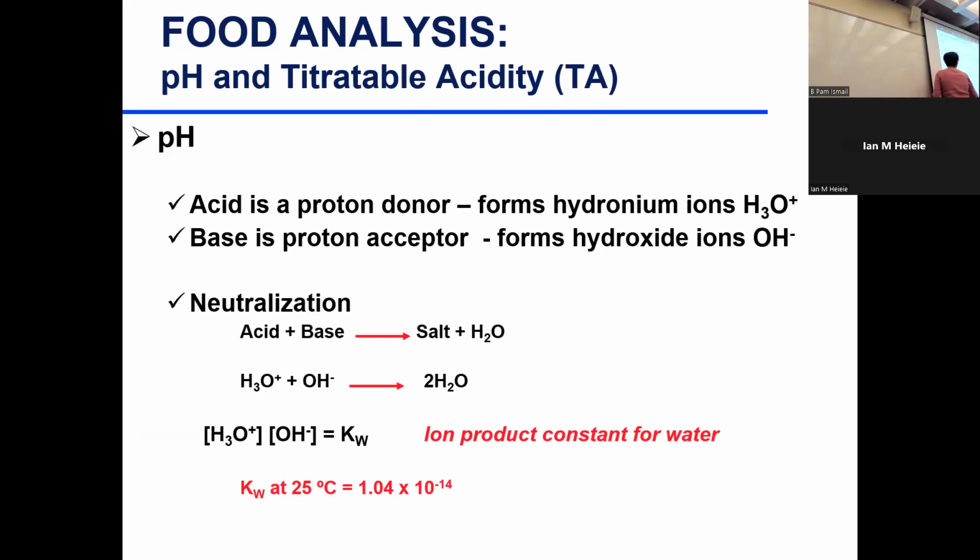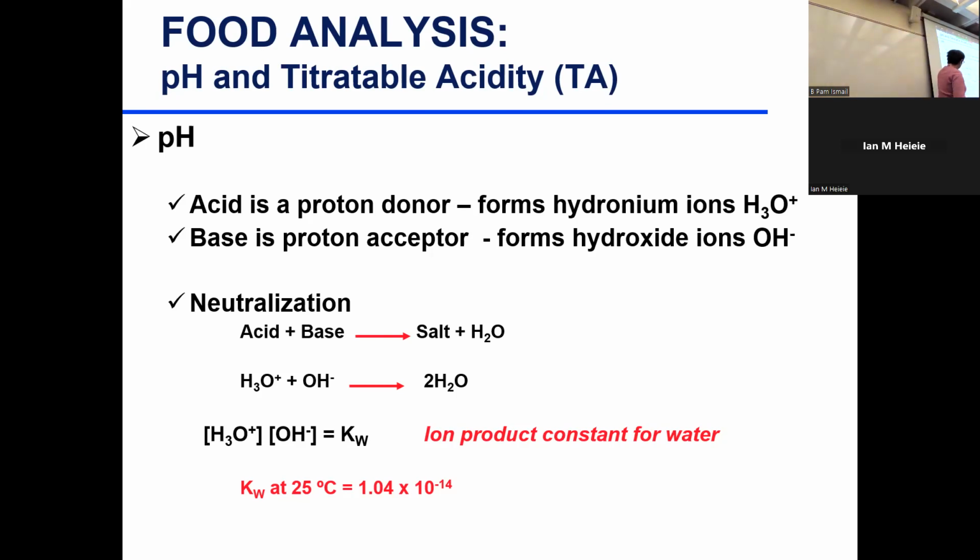At neutral pH, the concentration of hydronium ion equals the concentration of hydroxyl ions, and multiplying these concentrations gives you Kw, which is the ion product constant for water. This is important because it helps us with calculating the pH when we know the concentration of hydronium ion, or when you know the pH, you can calculate the concentration of hydronium ion.